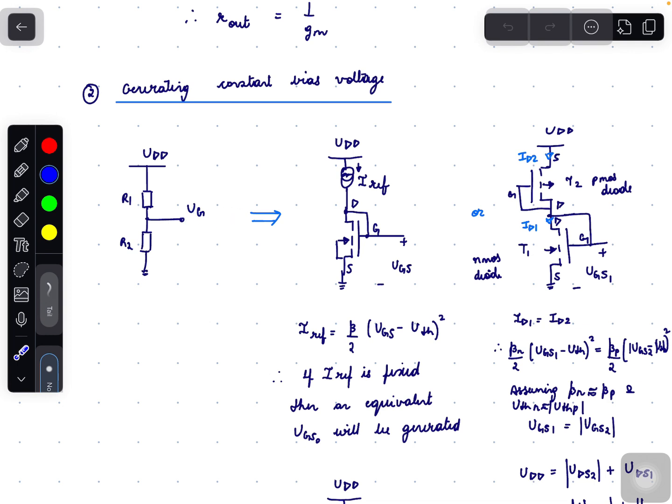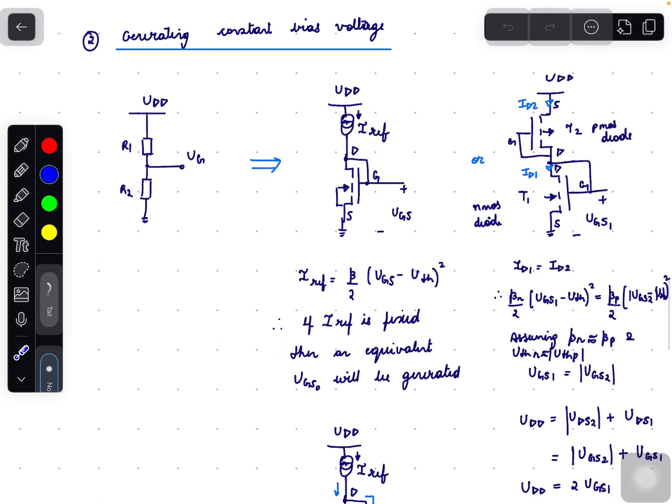There will be ripple on VG, and the resistors R1 and R2 are subjected to process variations and temperature variations. Hence, we prefer to use transistors in analog CMOS design to generate the constant gate voltage.